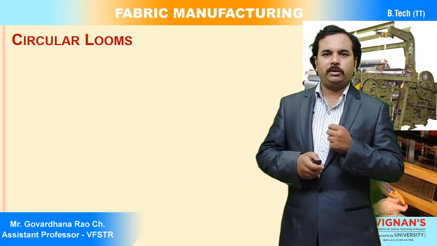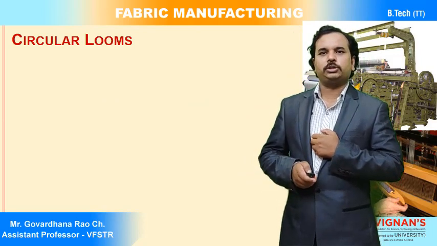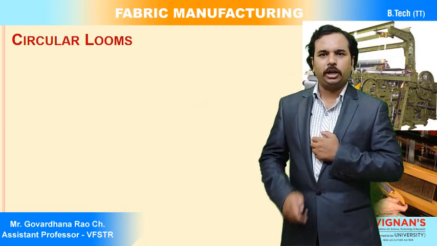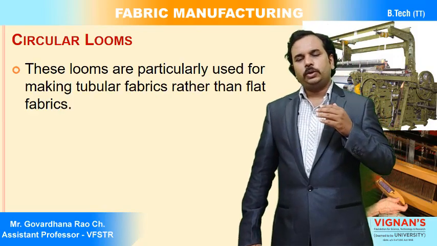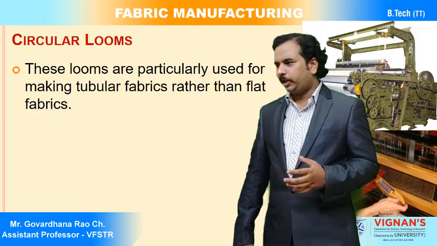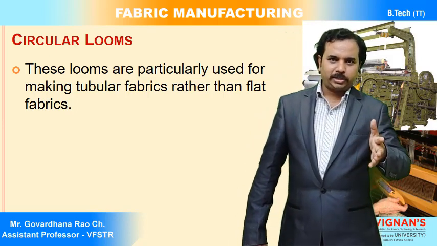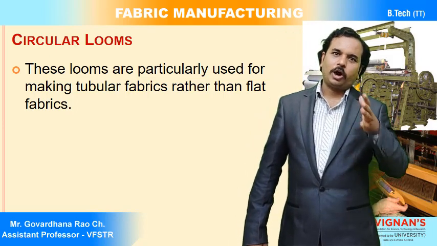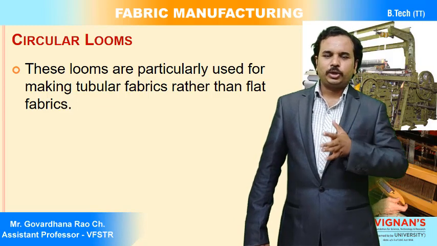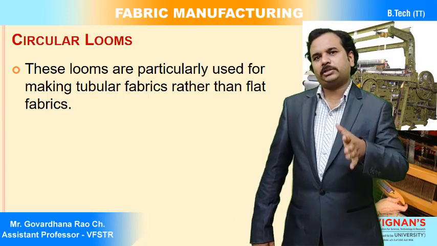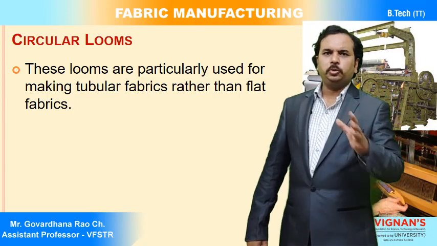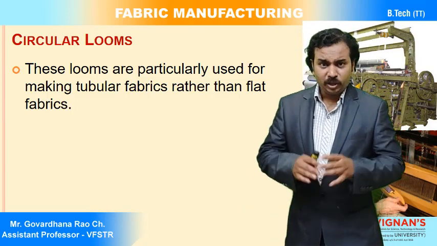And we have another model, that is the circular looms. In particular for circular looms, one of the applications is sack bags. Sack bags are nothing but your rice bags, cement bags, onion bags. Whatever polypropylene bags are there presently, sugar bags, urea bags, all are like that.